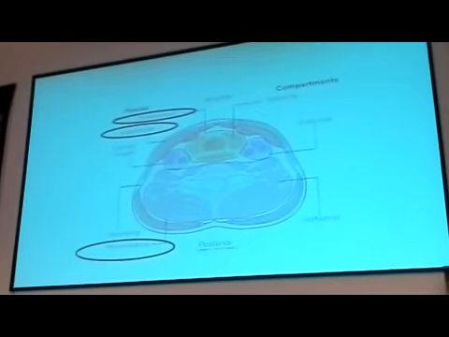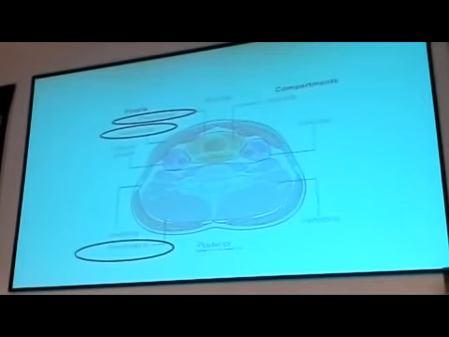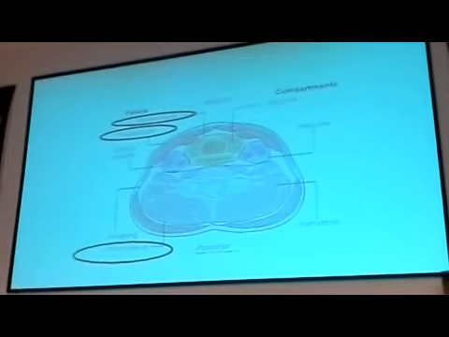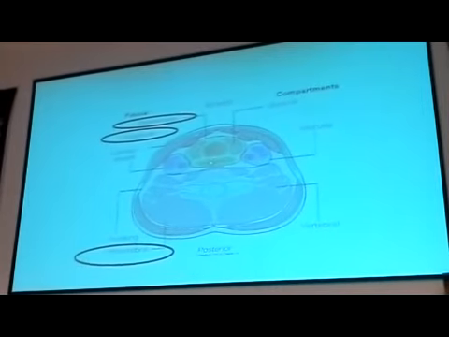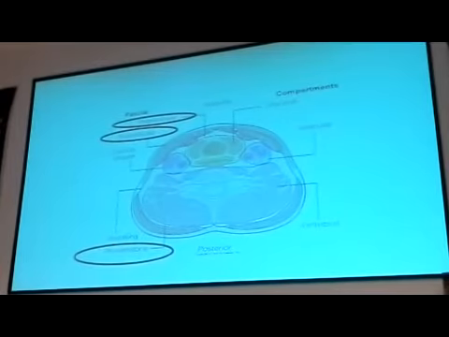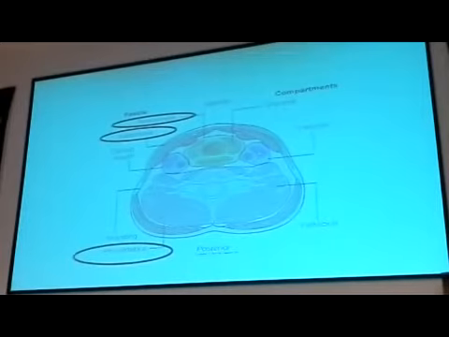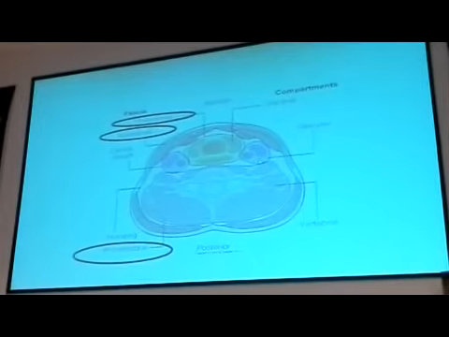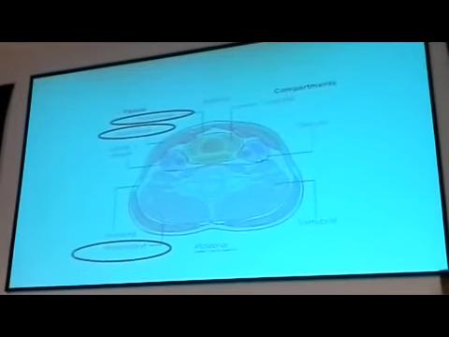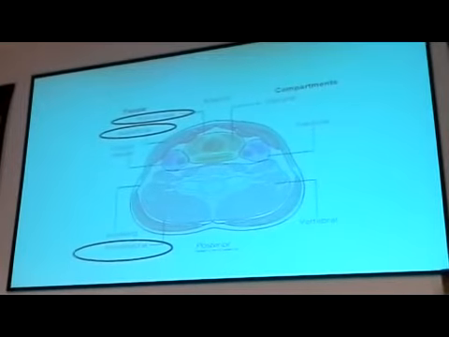And a fascia which is going to surround trachea, esophagus, thyroid gland, and the parathyroid gland. And another one which is surrounding large blood vessels and the nerve: the common carotid, internal jugular vein and the vagus nerve. So that is the fascia naming.